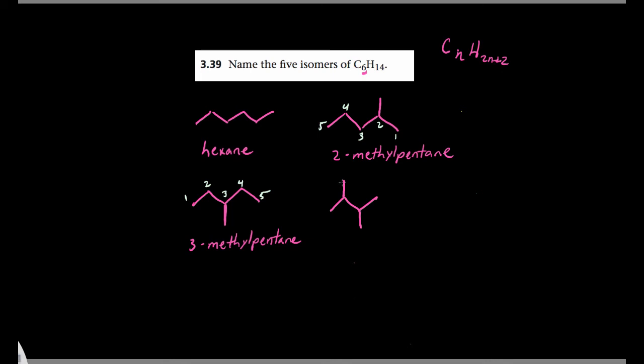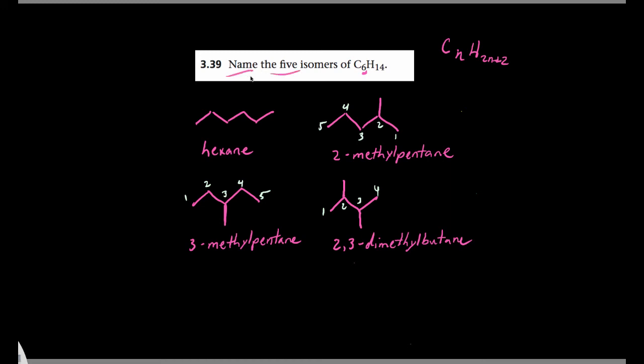So now we have 6 carbons, and we can just number 1, 2, 3, 4. The longest chain is a butane chain, and this is going to be 2,3-dimethylbutane.